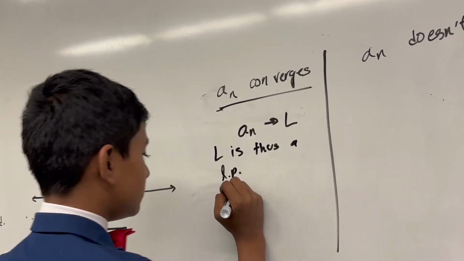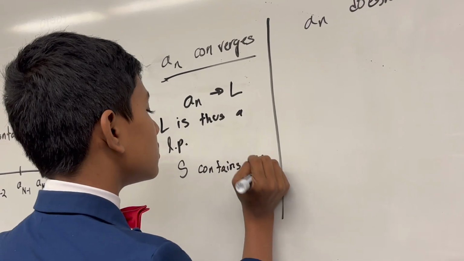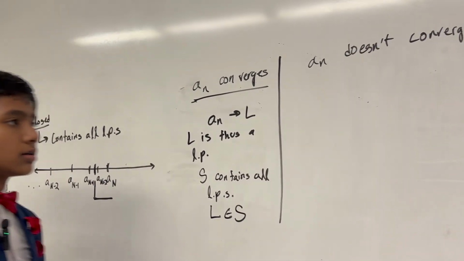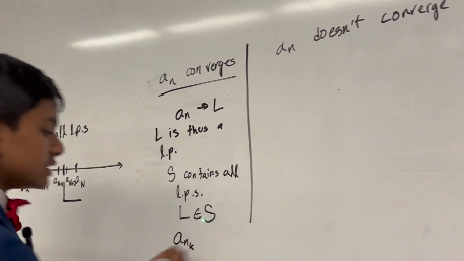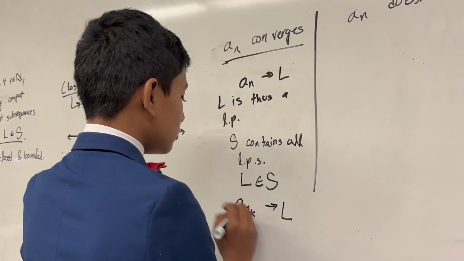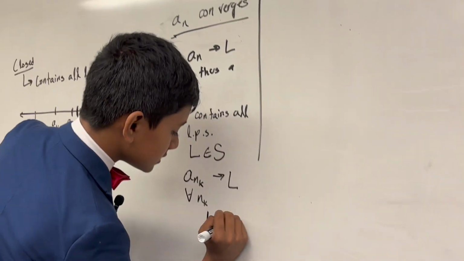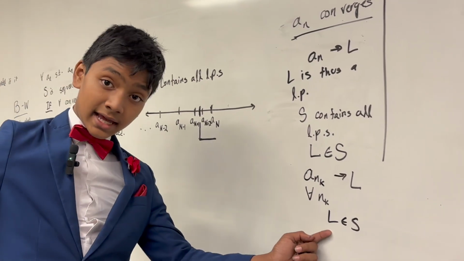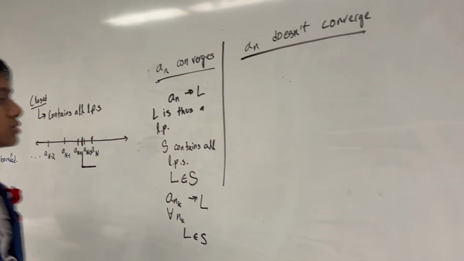And since S contains all limit points, since it's closed, L must be in S. And here's the thing. Since a_n converges, all of its subsequences converge, and to the same number as well. So, since L is in S, all of the convergent subsequences converge to something that is in the set.